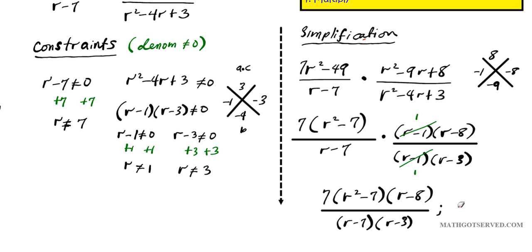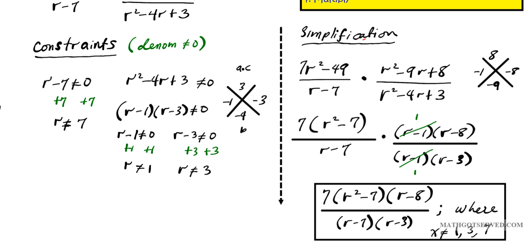Okay, and don't forget the constraint where r cannot be. Let's look at our three answers here: 1, 3, or 7. In order for our original function to be defined, we have to consider these constraints. Okay, so there goes your final result for problem number 2.